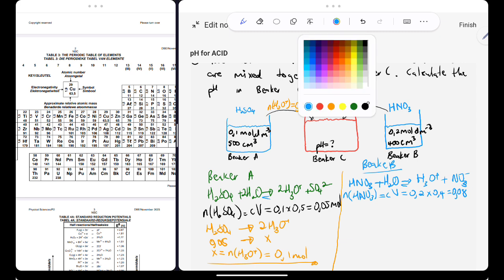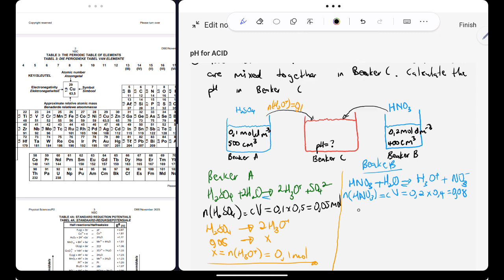But what do I know, guys? I know that 1 mole of nitric acid will give me one proton. Are you together? So now I don't have 1 mole, I have 0.08. I want to know how many protons I will have.